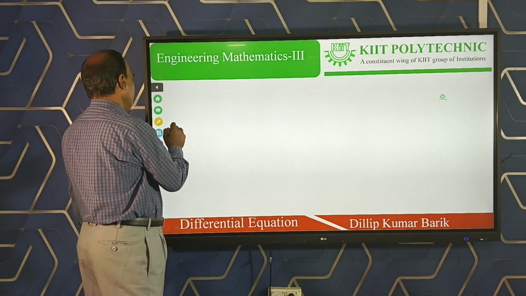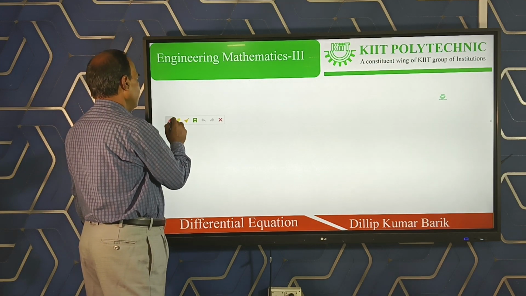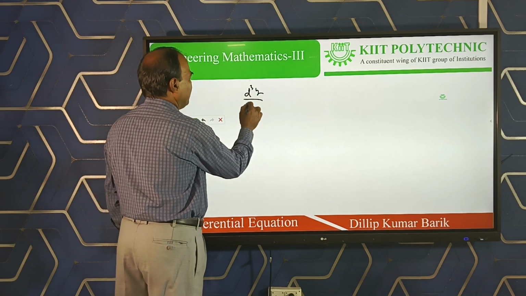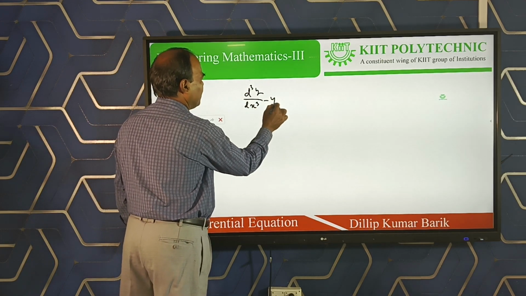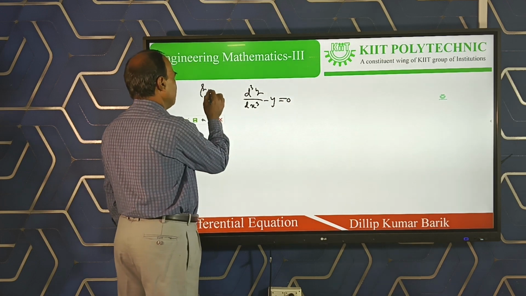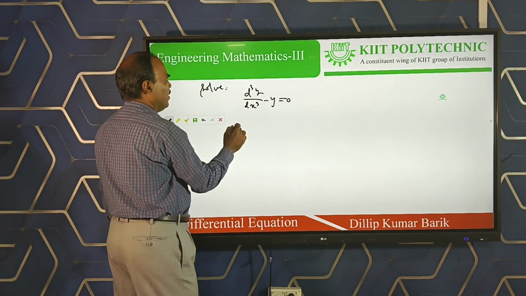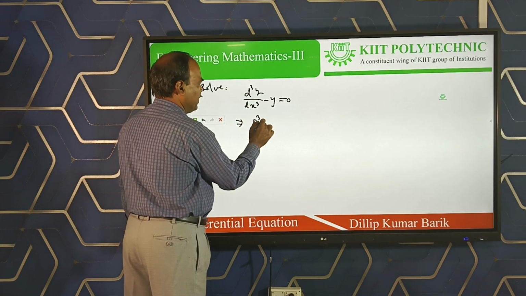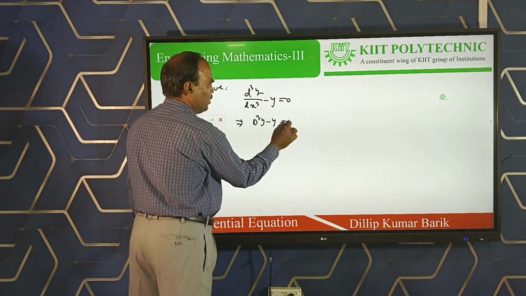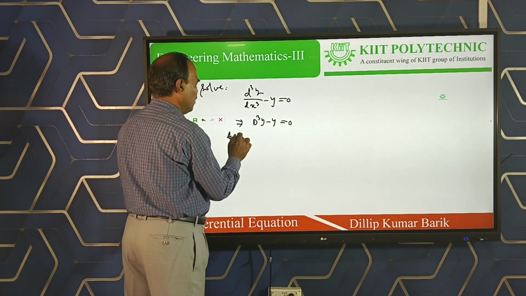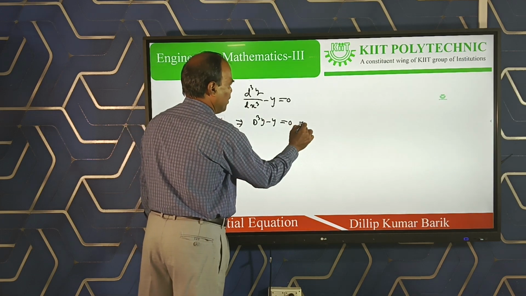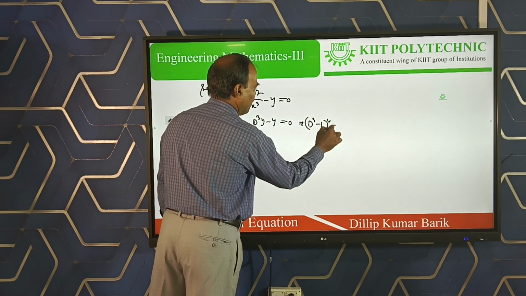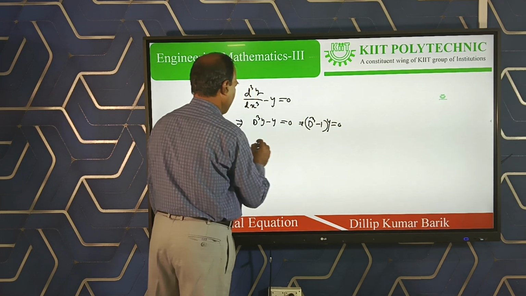Suppose I consider another example taking the help of these facts. Suppose we write d cube y by dx cube minus y is equal to 0. The question is to solve. Clearly, the corresponding symbolic form is D cube y minus y is equal to 0, and clearly the auxiliary equation, taking y common, is (D cube minus 1) y is equal to 0.